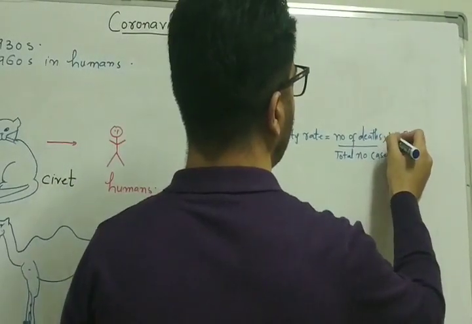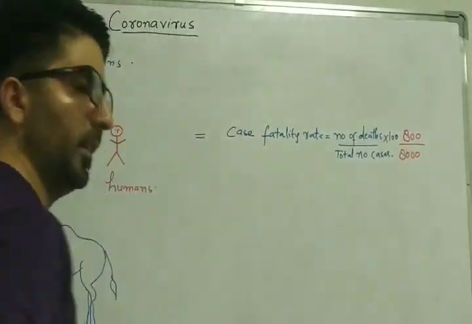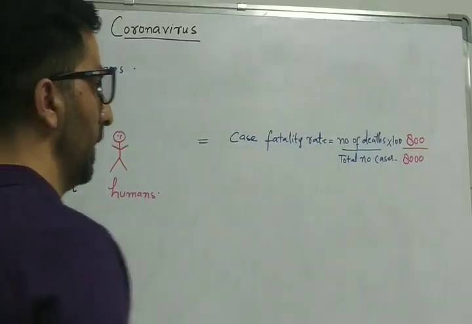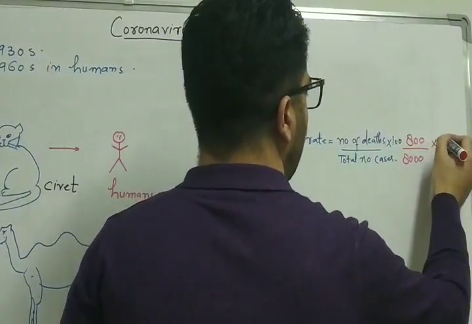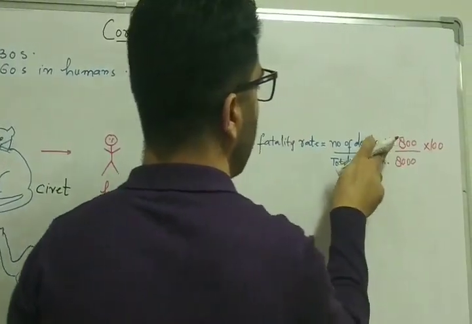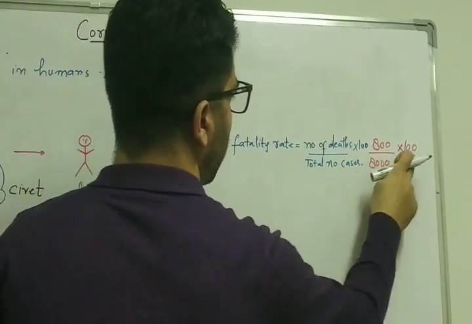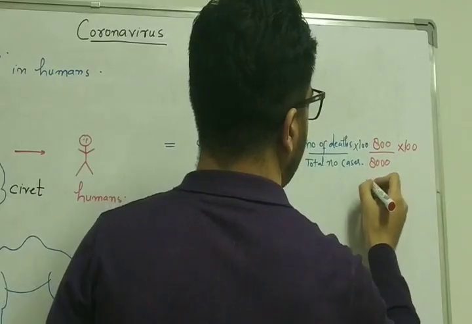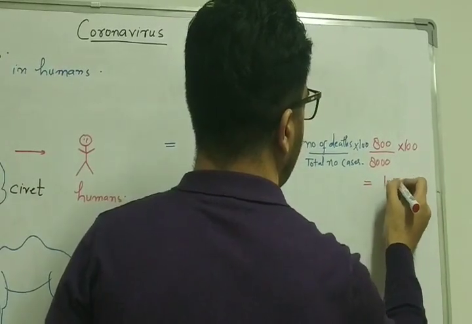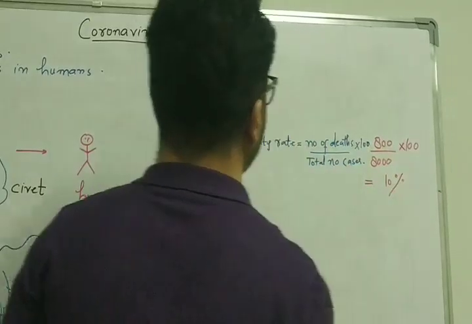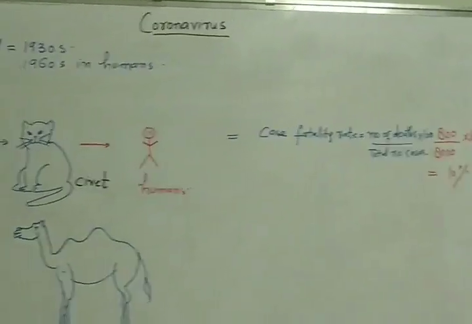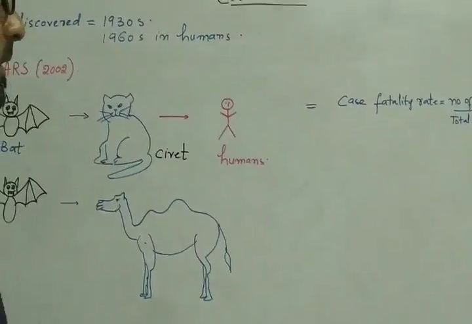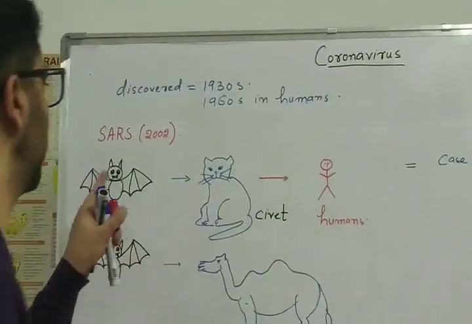That leads to 10%. So for SARS, there was a 10% death rate, or case fatality rate, during 2002.